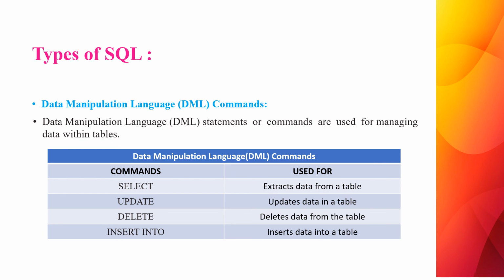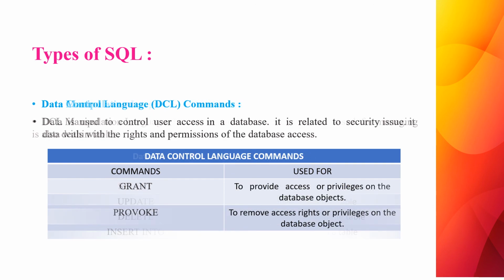Third type of language is data control language that has control over the security issues. It also deals with the rights and permissions of database access. Two commands are included, first is grant and second one is revoke.